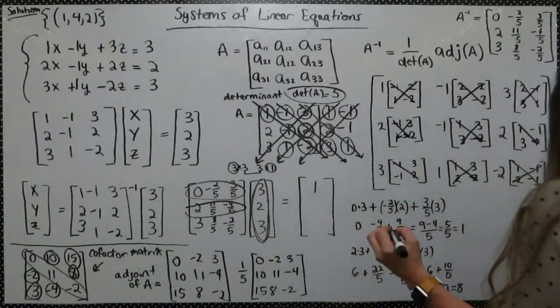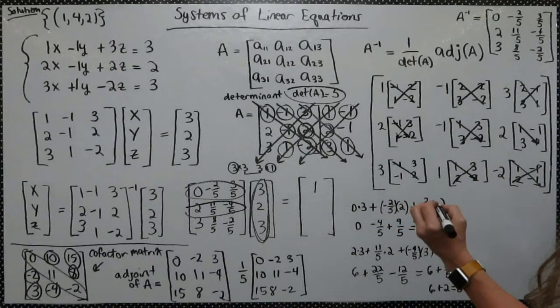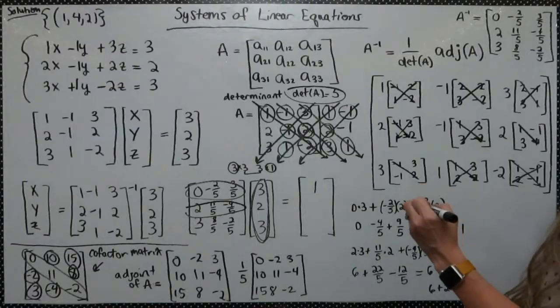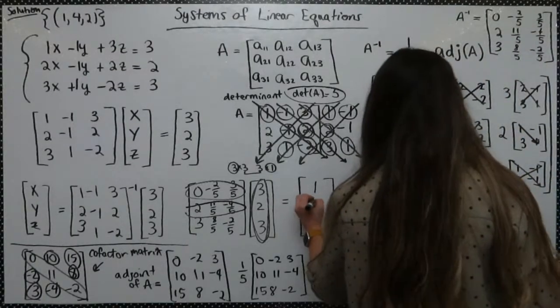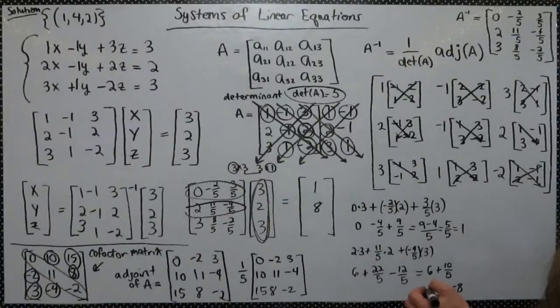Wait. That can't be correct, because look, we did something wrong. What's happening here? Okay, 12/5, 22/5.